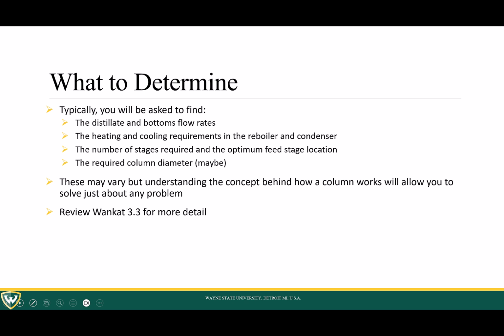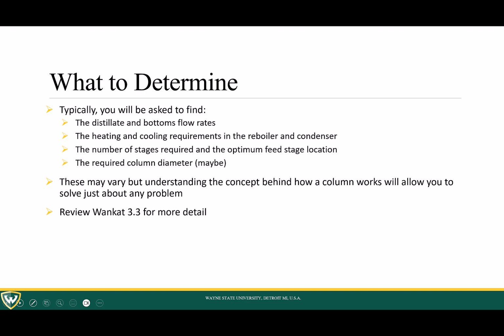So what are you going to have to determine? Typically, you'll be asked to find the distillate and the bottoms flow rates. You would likely be given feed, feed flow rate, and feed compositions, and you'd have to find distillate and bottoms. This would be through your mass balance equations. Also the heating and cooling requirements in the reboiler and the condenser, the number of stages required and the optimum feed stage location, and the required column diameter, maybe.